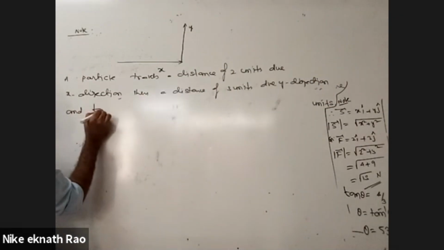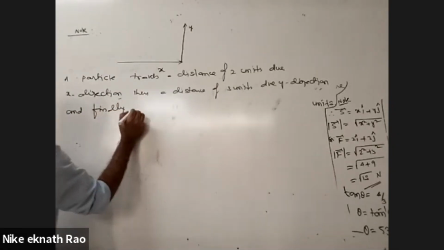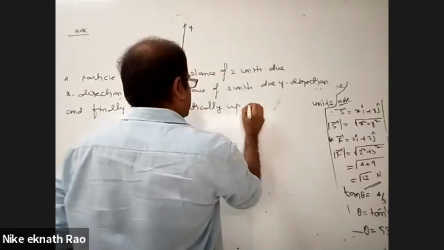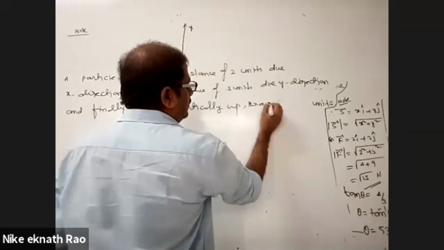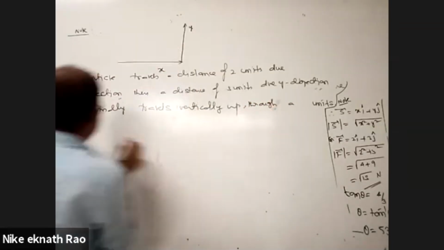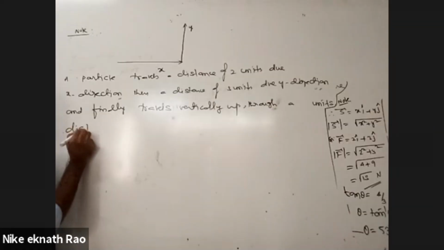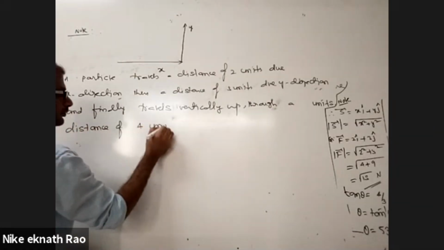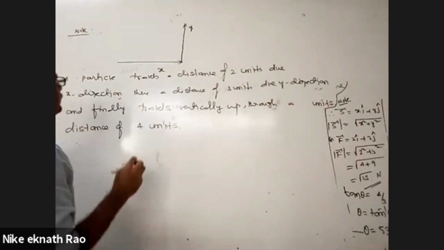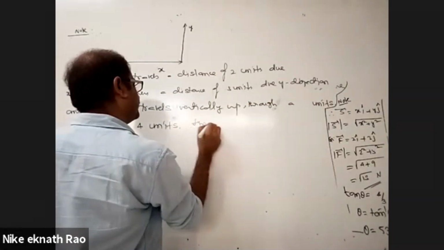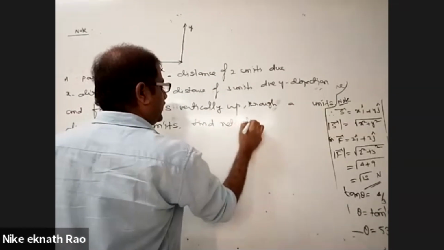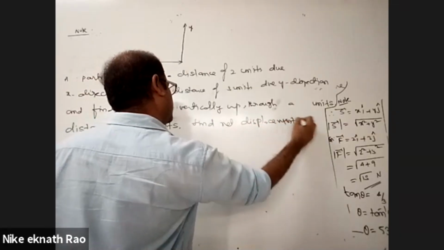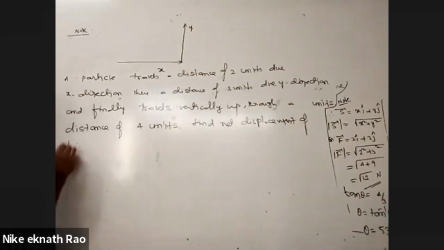And finally, it travels up through a distance of 4 units. And the net displacement. Net displacement of what?